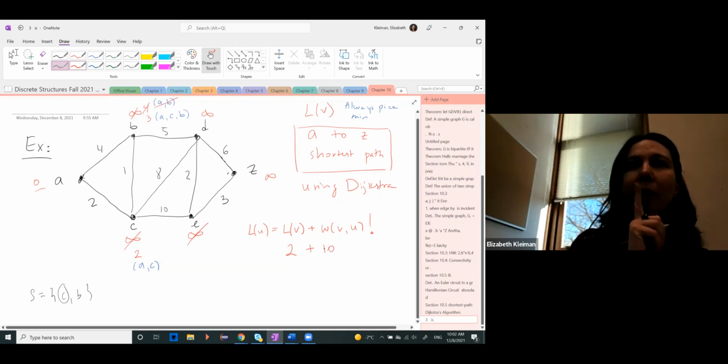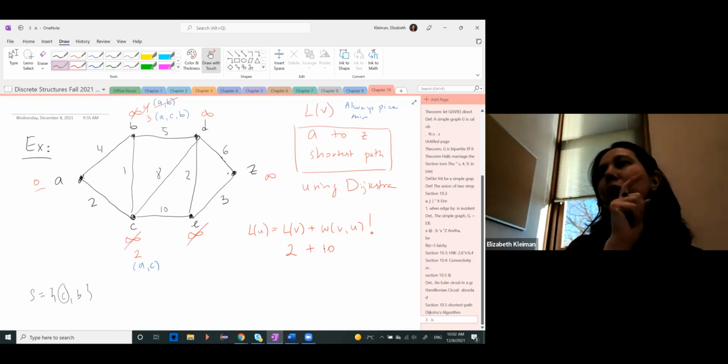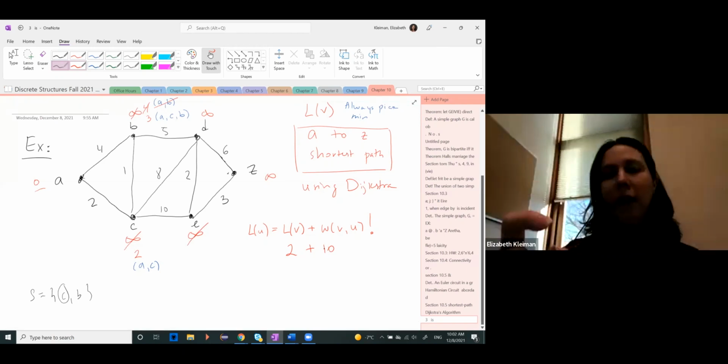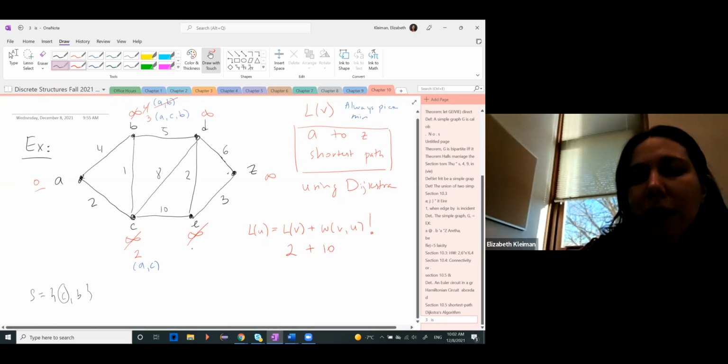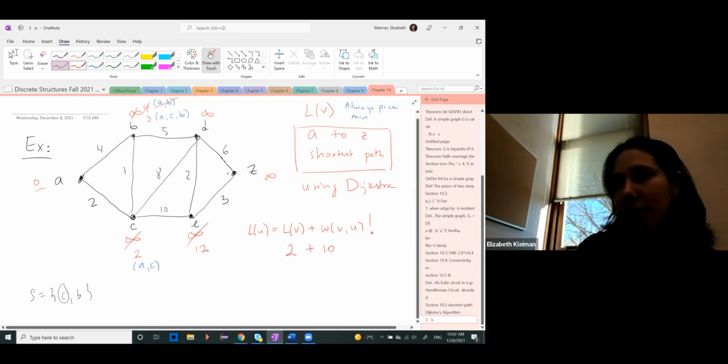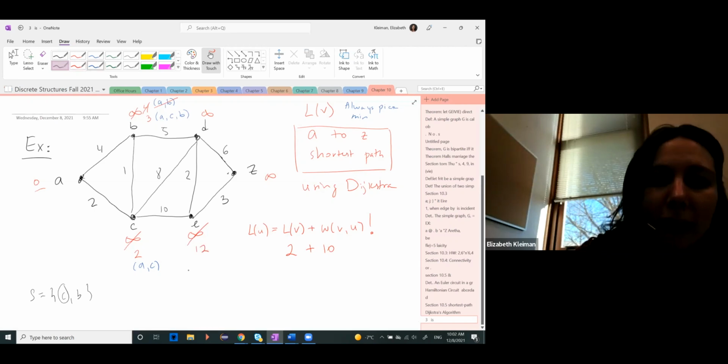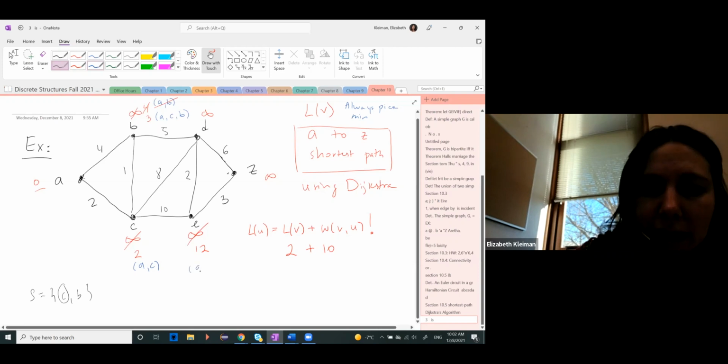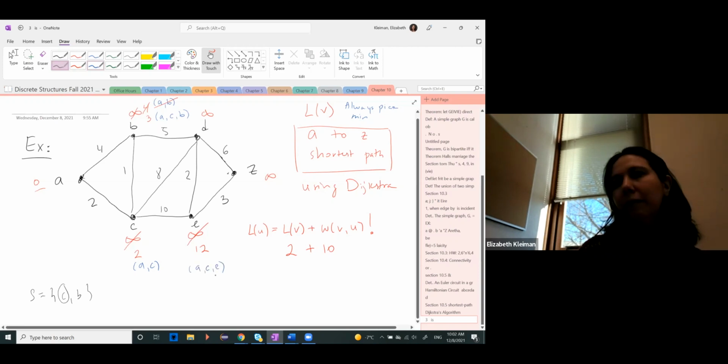Don't forget, I'm always interested in the path from A. So this is why we add. So this one is going to be 12, and the way I got here is A, C, E, correct?